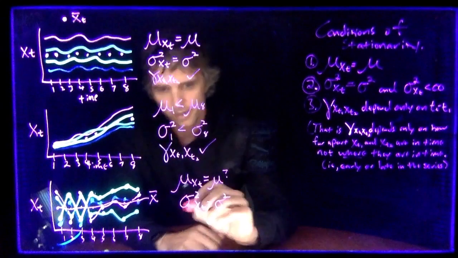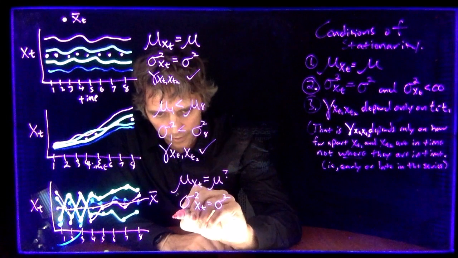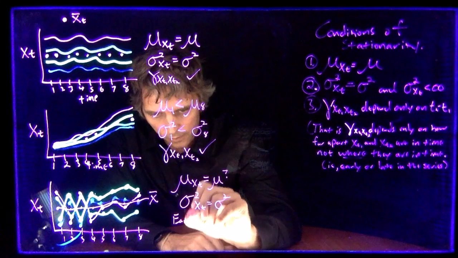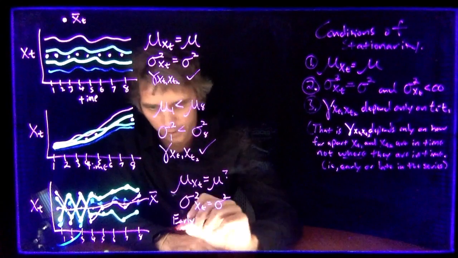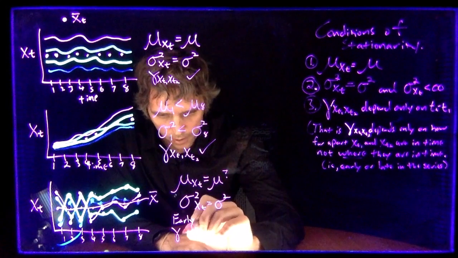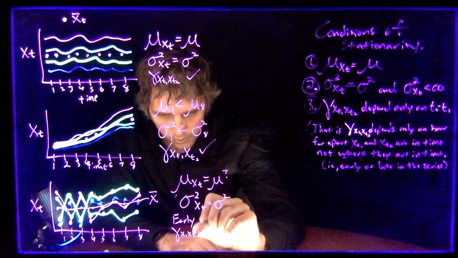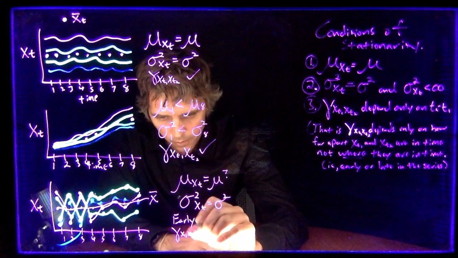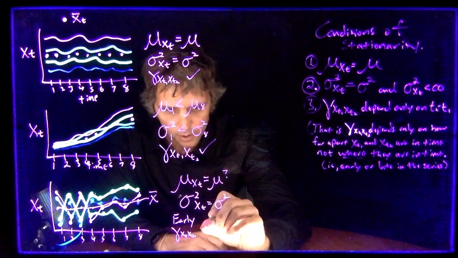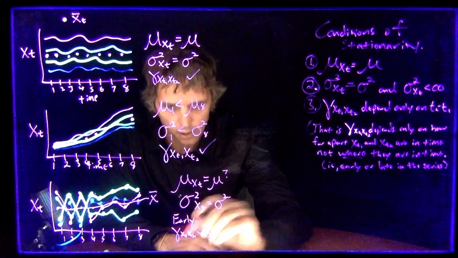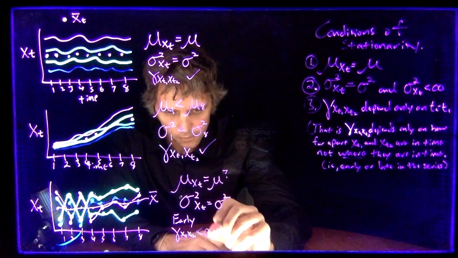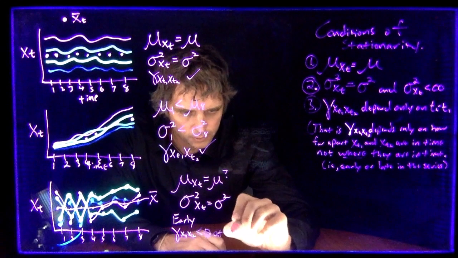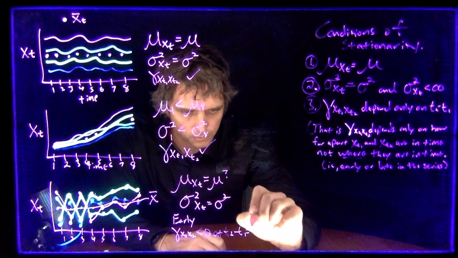So that would be indicative of, we could say early in the series, gamma xt1, xt2 would be negative autocorrelation at t2 minus t1 equals 1.